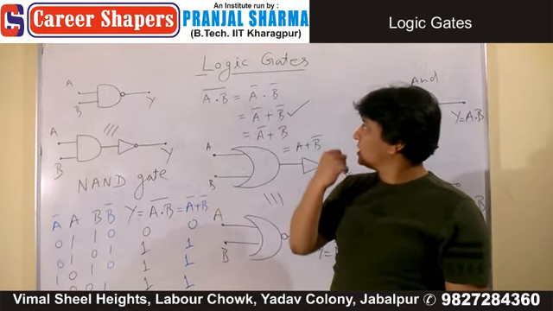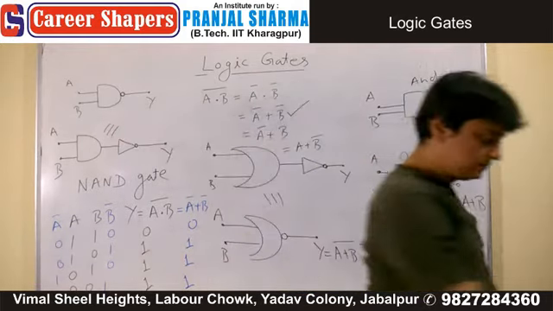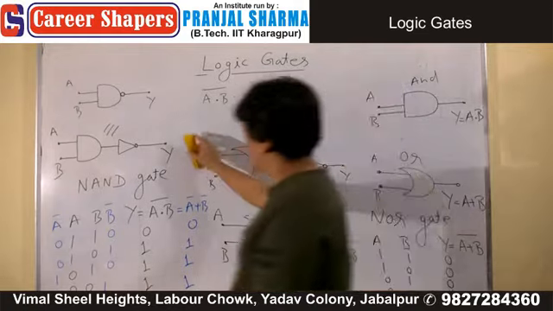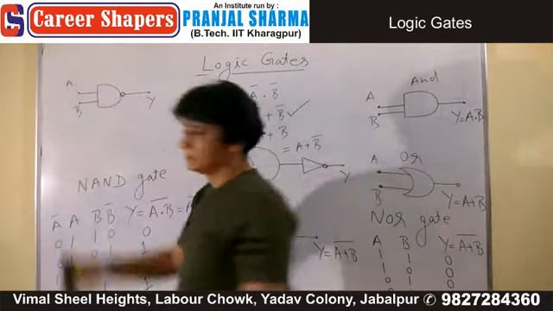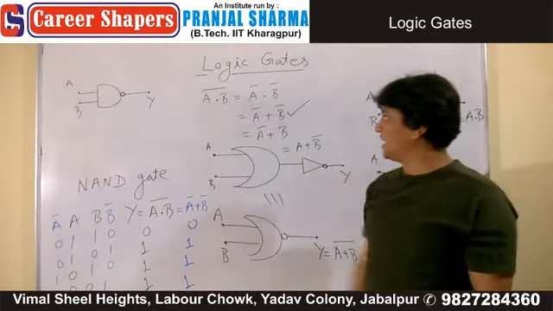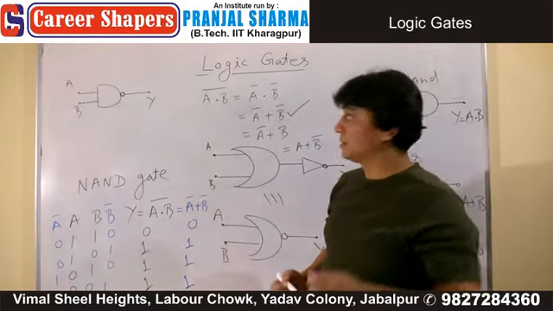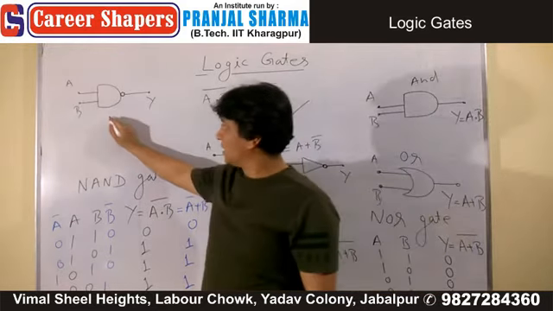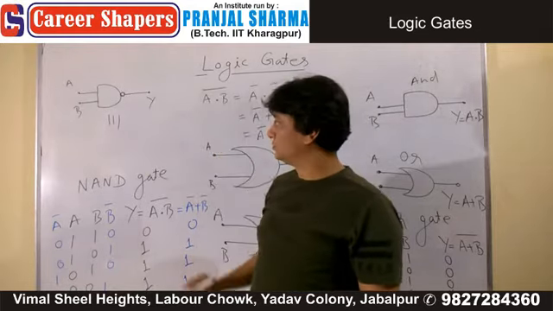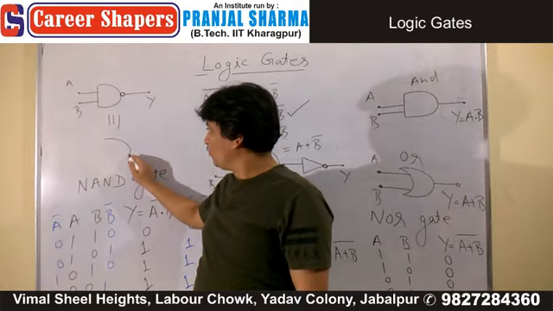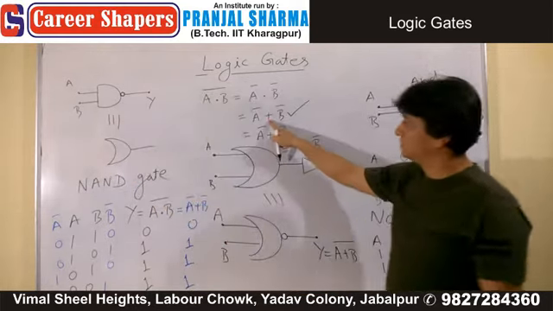Now, the thing which I asked you to do is represent this figure, represent NAND gate with the help of OR command. So how do you draw a figure like this? This thing is equivalent to this. We are dealing with OR gate.